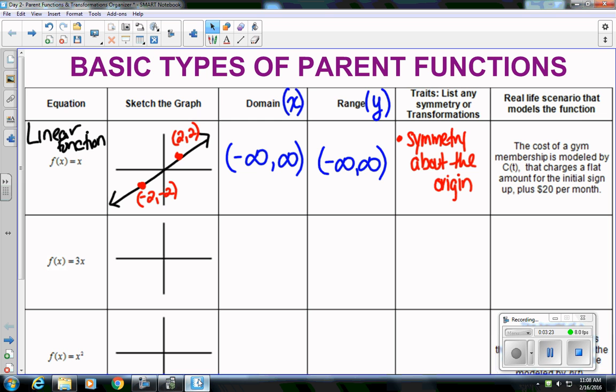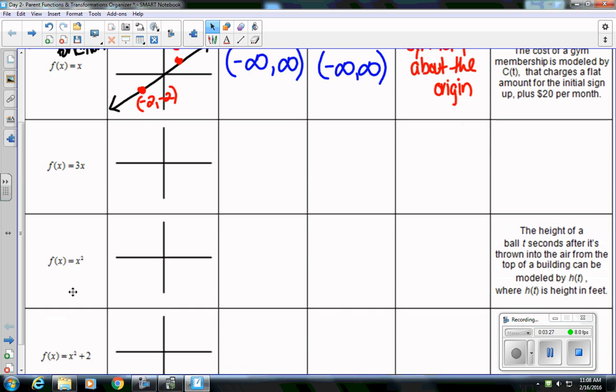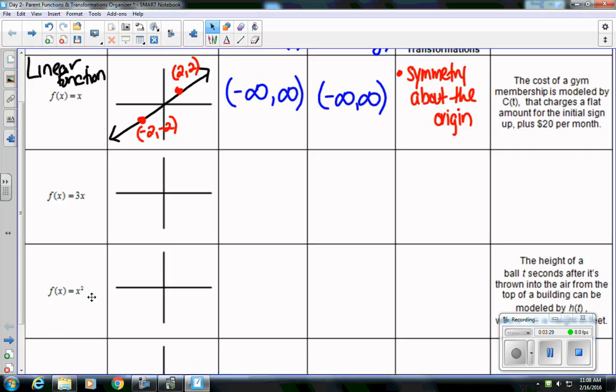So our next function, f of x equals 3x, is also a linear function, but this time there's some transformations happening. But this is still a linear function. Now, if you notice, the difference is that there's a 3 in front of the x.